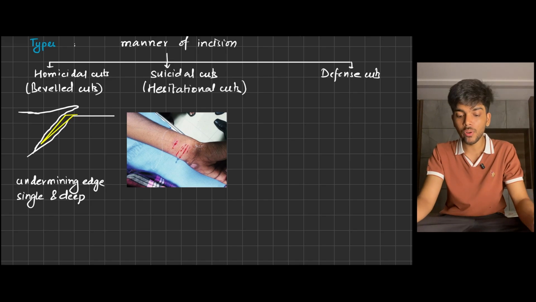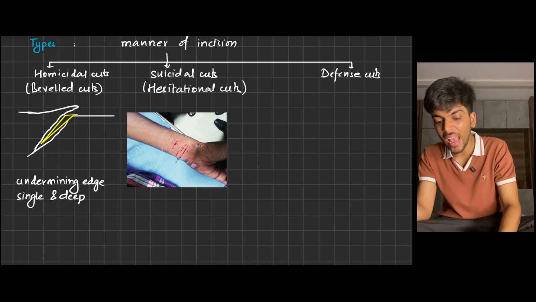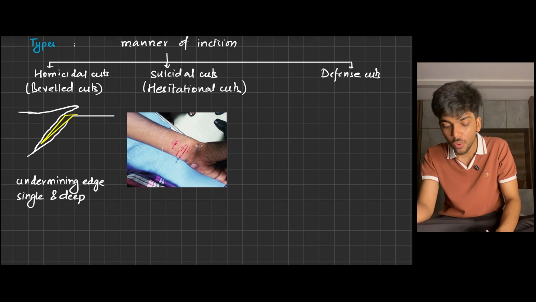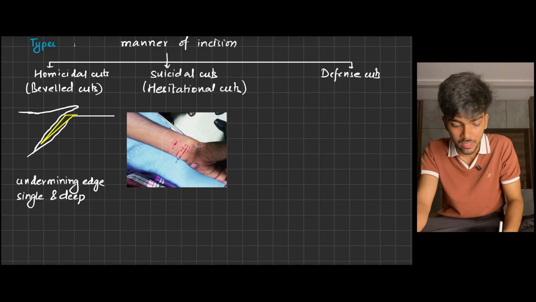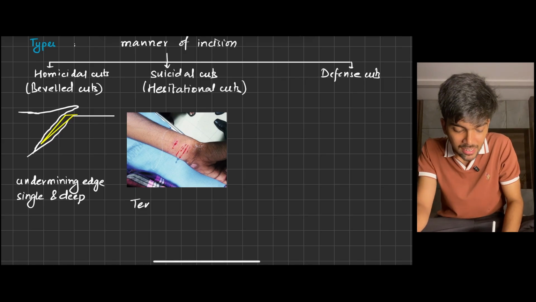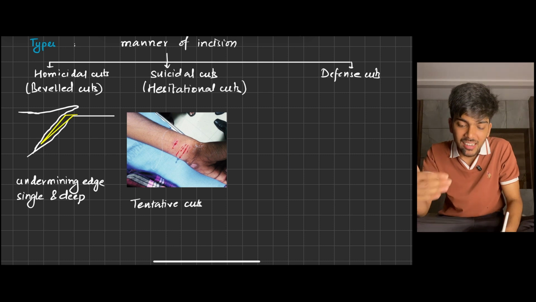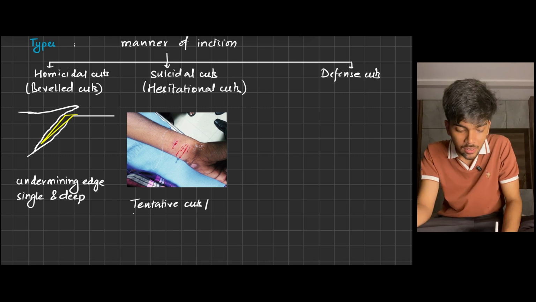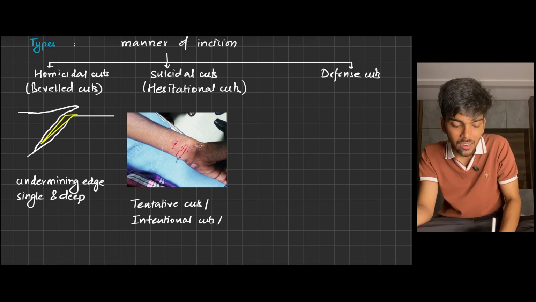That is why it is also referred to as hesitational cuts, because you hesitate to cut yourself, so there are multiple cuts. These are also referred to as tentative cuts, because first there are cuts that are tentative and finally a final cut. Or intentional cut, because you are intentionally cutting yourself. Or trial cuts, because there are multiple trials that take place.